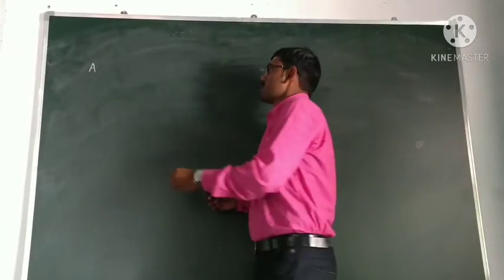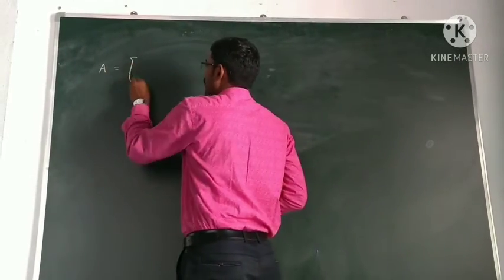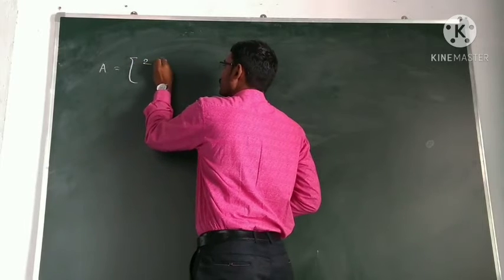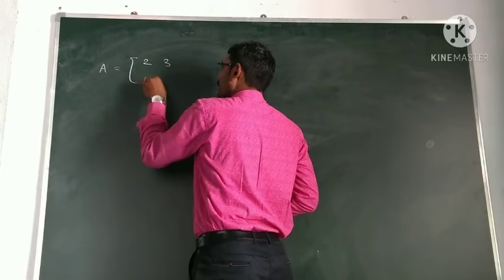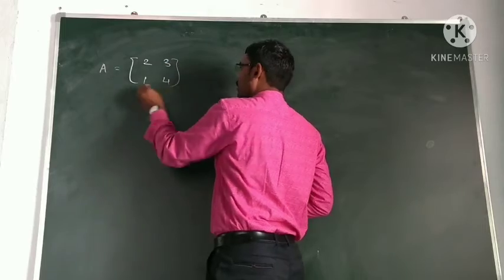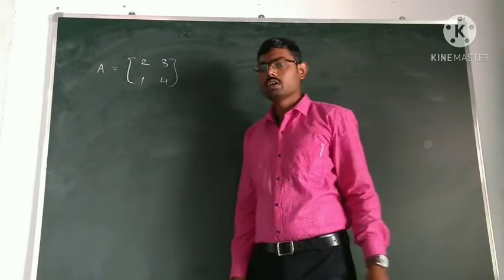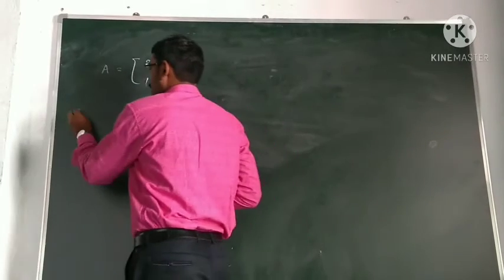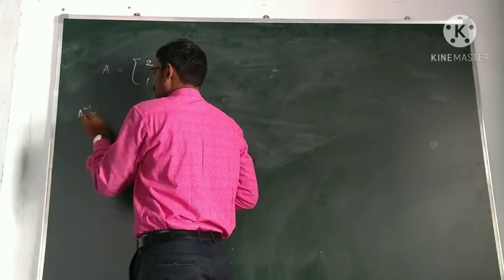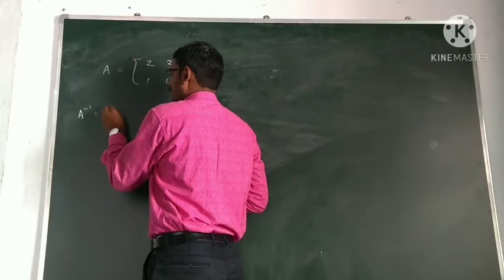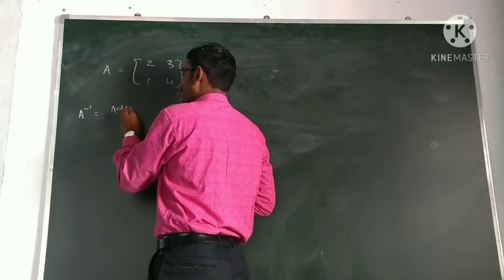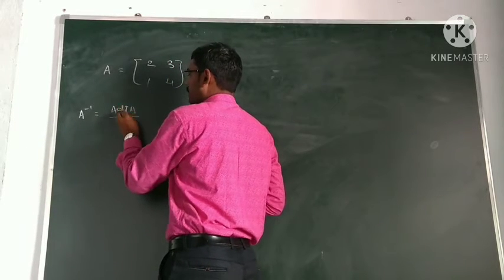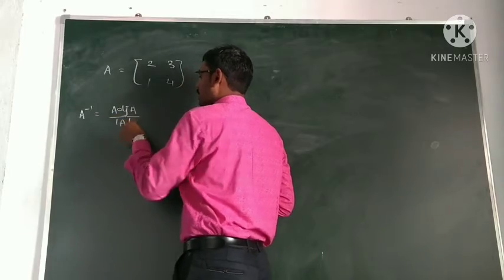So consider the two by two matrix A equal to 2, 3, 1 and 4. Now to find the inverse of this matrix, we know A inverse is always equal to adjoint of the matrix upon determinant of the matrix.